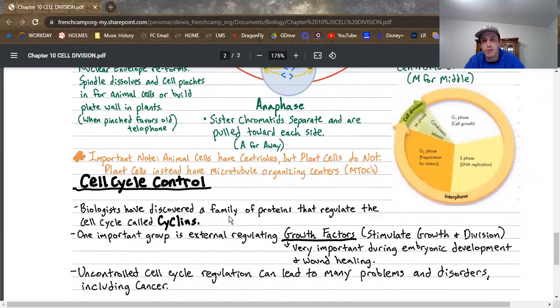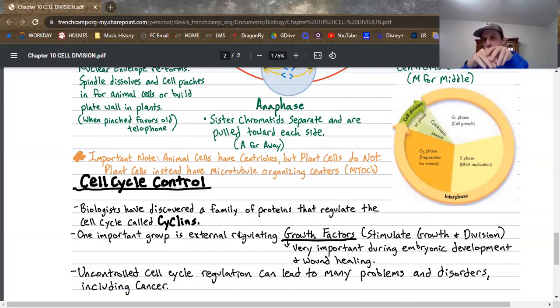Biologists have discovered a family of proteins that regulate the cell cycle called cyclins. This is very surface level for your sake, especially since I'm not here. But these cyclins, or these proteins, enter through the cell membrane, and then they move in and release hormones, so to say.